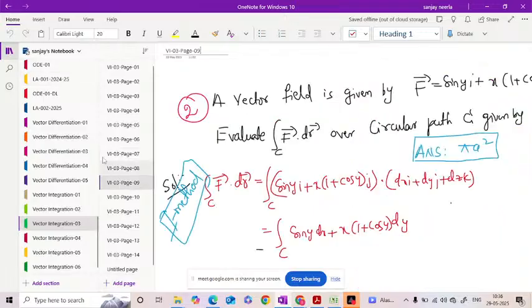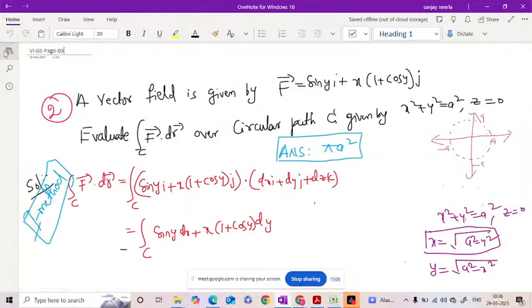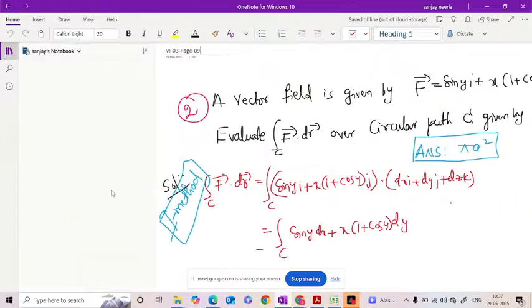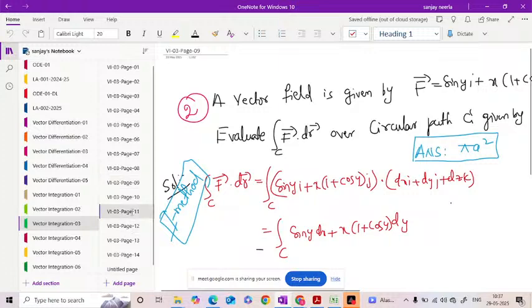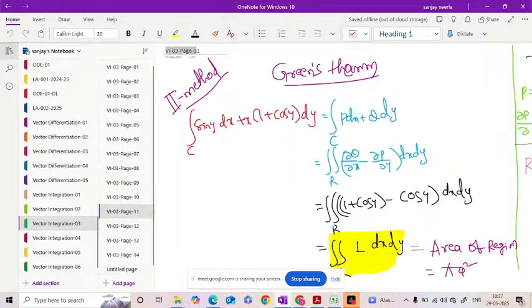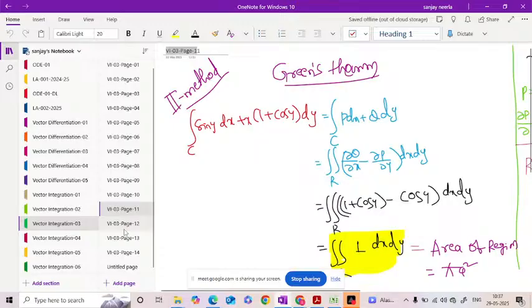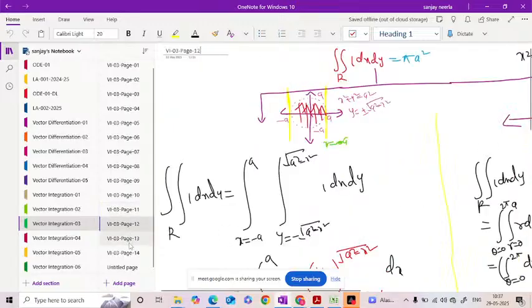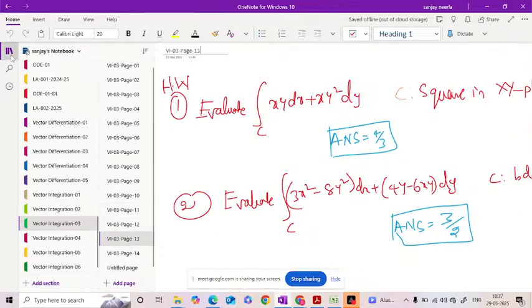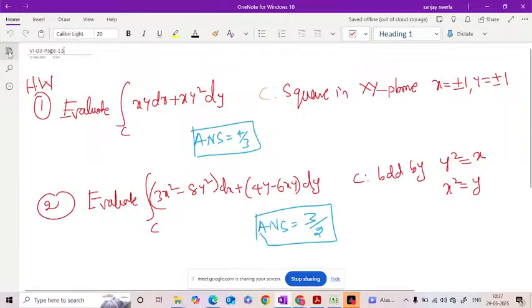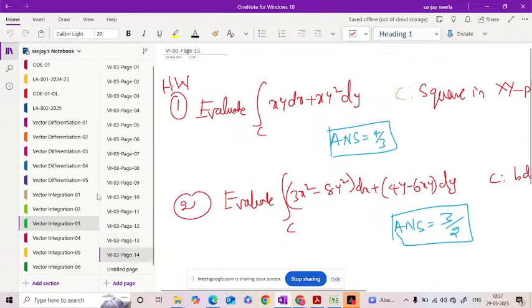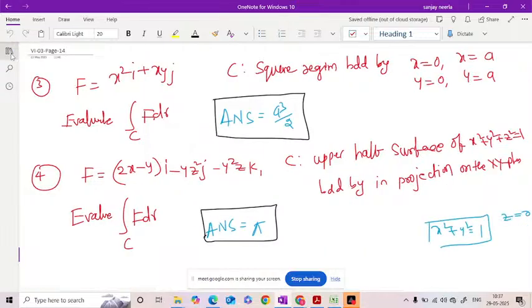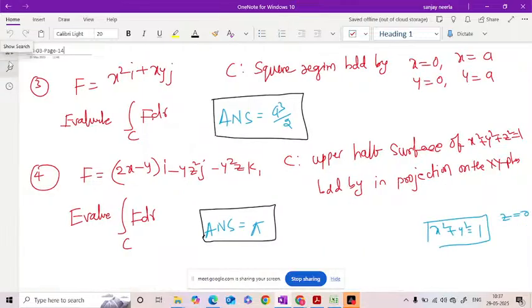And the second problem, this one also we did by using the line integral as well as by using Green's theorem. And I think I have given four more problems, these four problems, 1, 2, 3, 4.